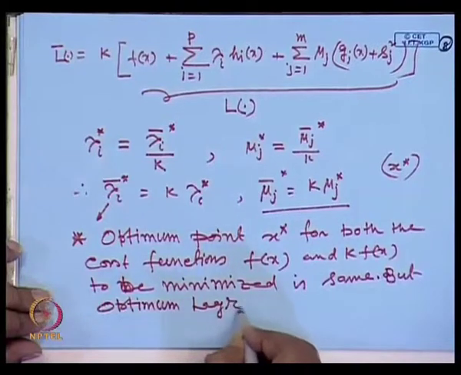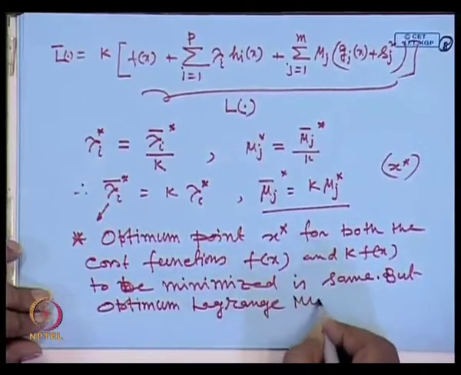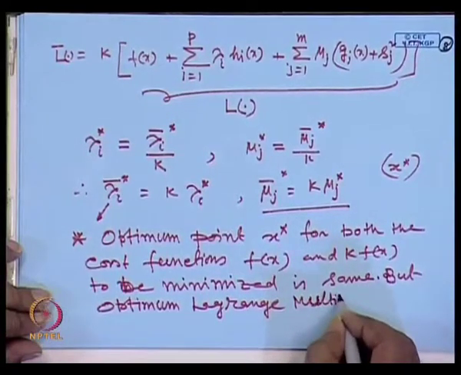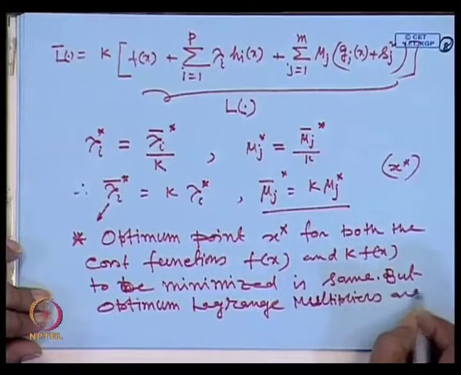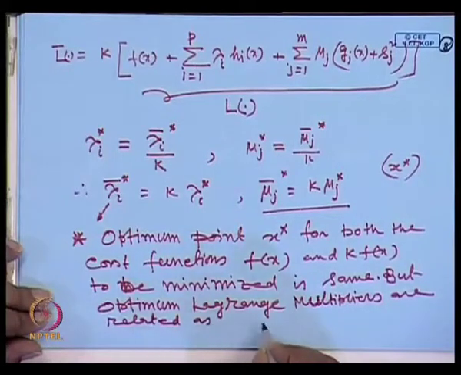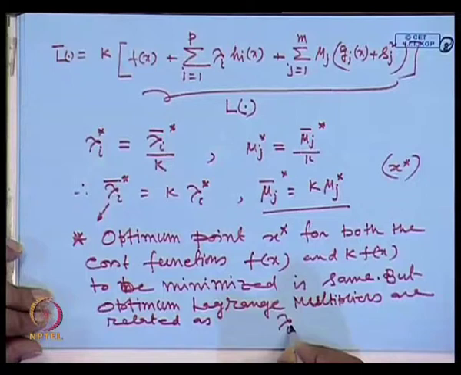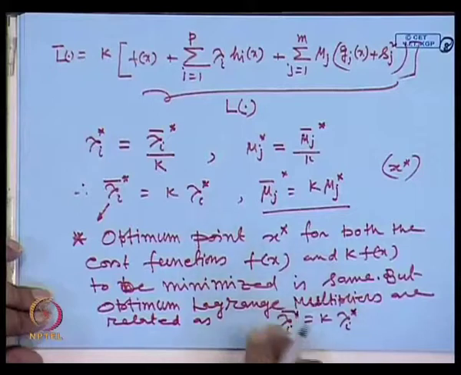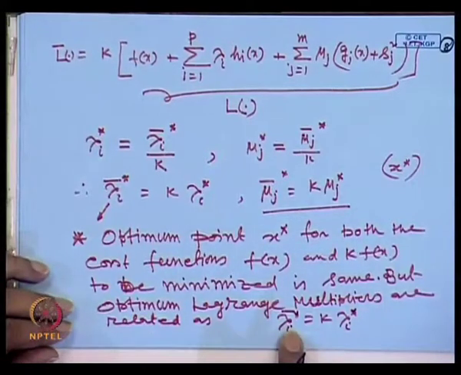But the optimum Lagrange multipliers are related as lambda i bar star is equal to k into lambda i star. That means the scaled objective function Lagrangian multiplier is equal to k into the original objective function Lagrangian multiplier.